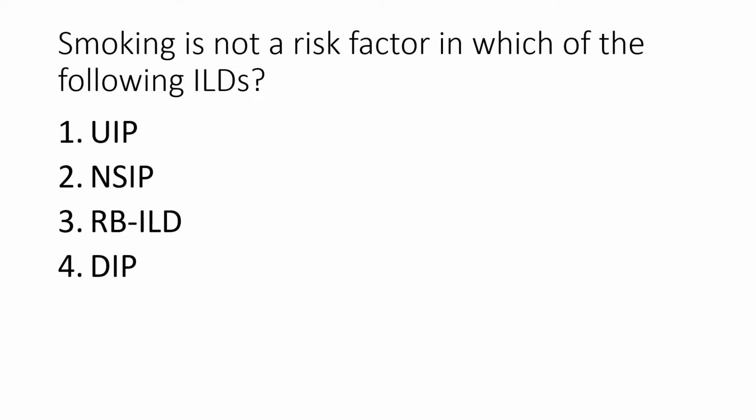So UIP is associated with smoking, more commonly seen with smokers. RBILD and DIP are two ILDs which are strongly associated with smoking. So my best bet is NSIP. Yeah, so the correct answer is NSIP.